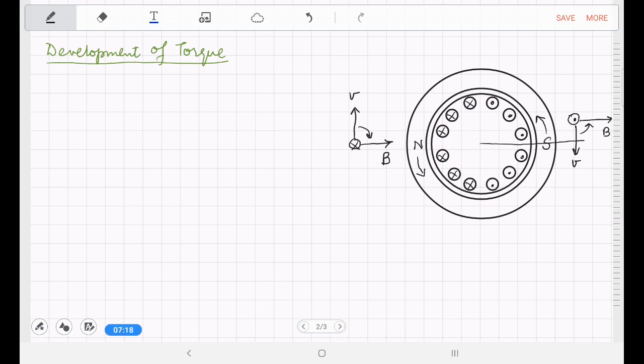So let's label this figure as figure 1. It shows the EMF induced in the rotor. Now let's assume that the rotor circuit inductance is 0.